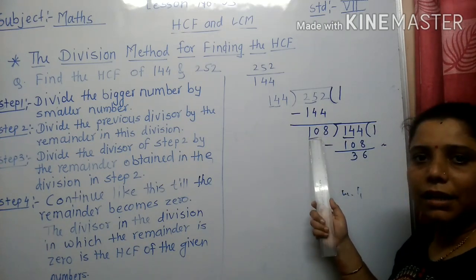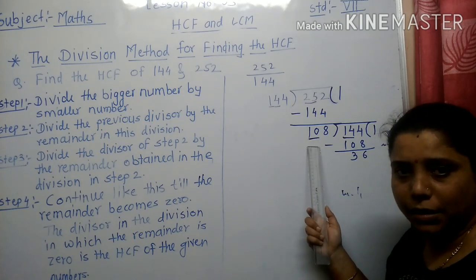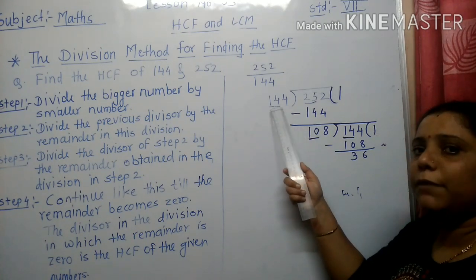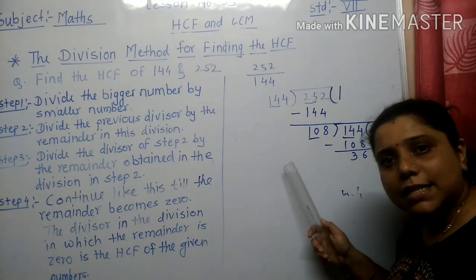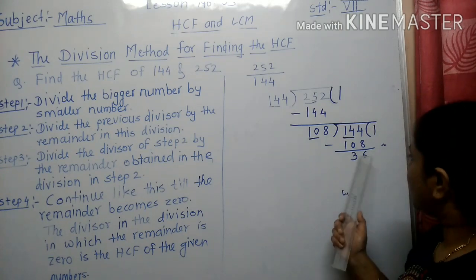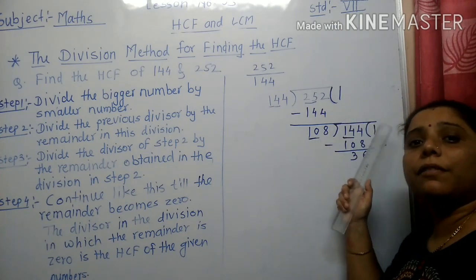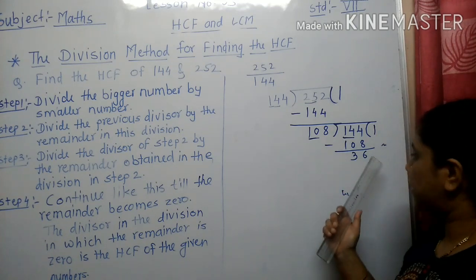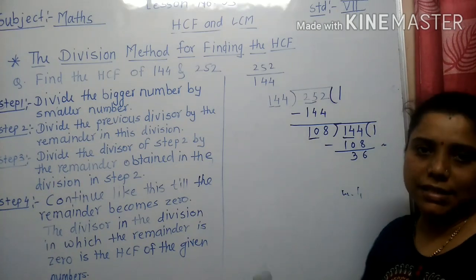Now the previous divisor, which is the previous divisor? 108, which you got in the second step. Here we are getting it from the first step. Now in the third step we are taking the divisor of step 2. Understood? So whichever divisor was there in step 2 will now become the dividend, and whichever remainder is there will become the new divisor.